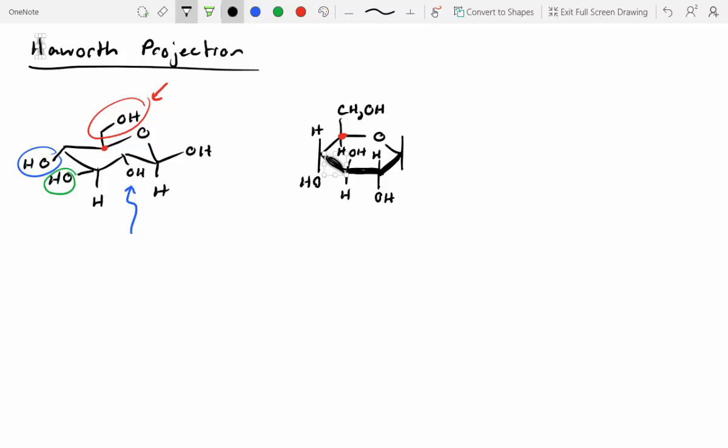All right, we've got one last position we've got to be concerned about, which is right here. Will that OH group be up or down? Up. And the hydrogen will be sticking down. So this is going to be our Haworth projection.